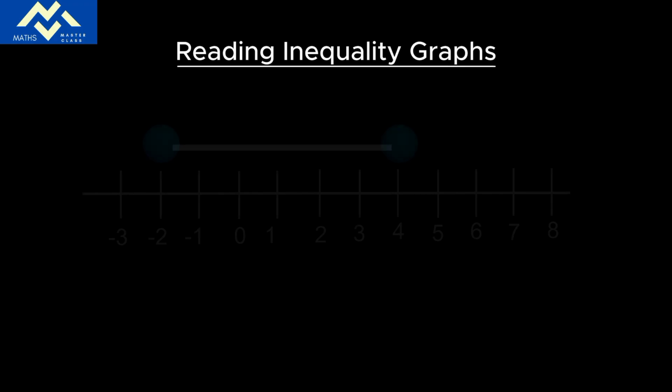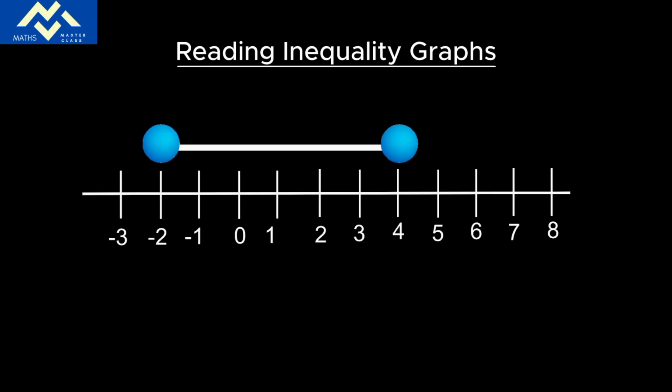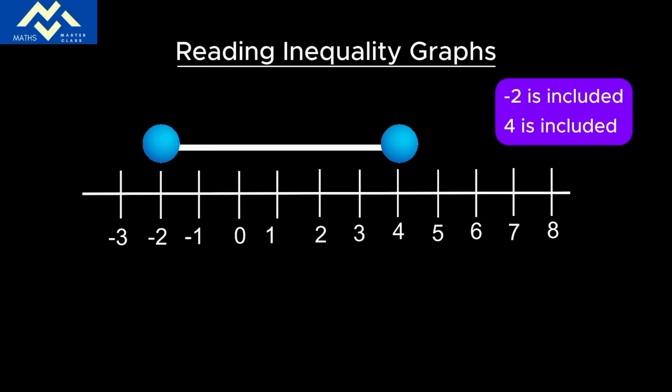Let's look at another example. Suppose we have a closed circle at -2 and a closed circle at 4 connected by a line. Since both circles are closed, both endpoints are included. So x is greater than or equal to -2 and less than or equal to 4. This can be written as -2 is less than or equal to x, and x is less than or equal to 4.